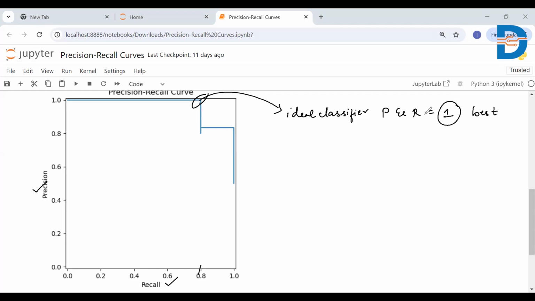But can you go beyond that? No, you cannot. Why? Because beyond 0.8 you can see a fall in your precision. See, your precision is dropping now. What is the understanding of a drop in precision?